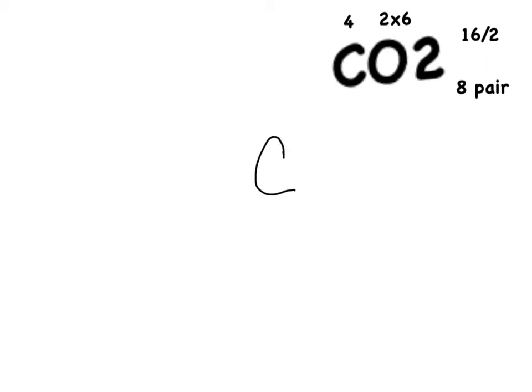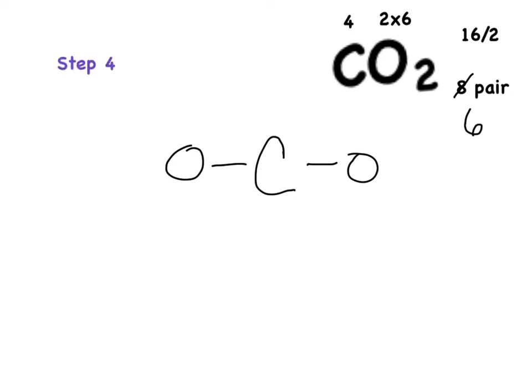Then we connect each of the oxygens, our terminal atoms, and that used up 2 pairs of electrons, so now we have 6 pairs of electrons that still need to be placed on the molecule. And so our next step would be to place the remaining electrons around the terminal atoms first.